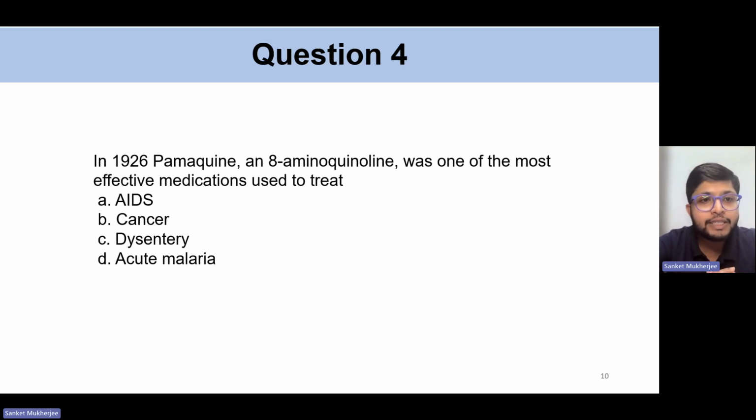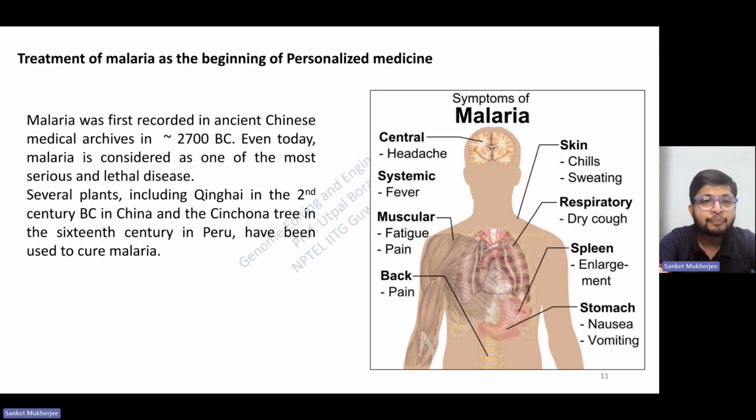Okay, so in 1926, Pamaquine, an 8-aminoquinoline, was one of the most effective medications used to treat acute malaria. Usually quinoline kind of compounds are used for malaria. Treatment of malaria was one of the beginnings of personalized medicine.